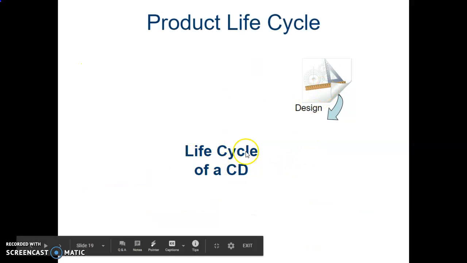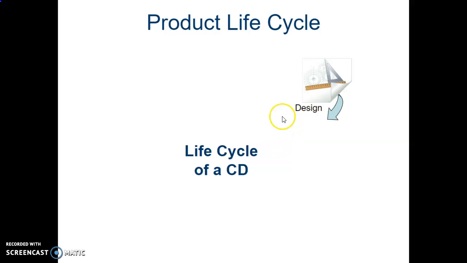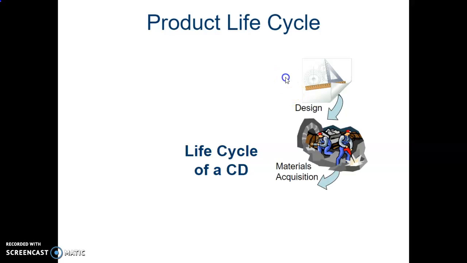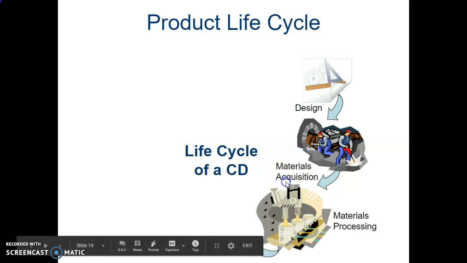So, life cycle of a CD. To review, design is the first step. Somebody had to originally engineer what a CD was going to be, what kind of product, what kind of raw materials we needed to make a CD, what it was going to do, what problem it was going to solve. Then we have to acquire the materials.